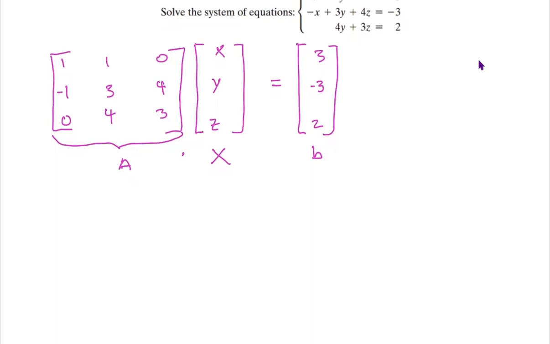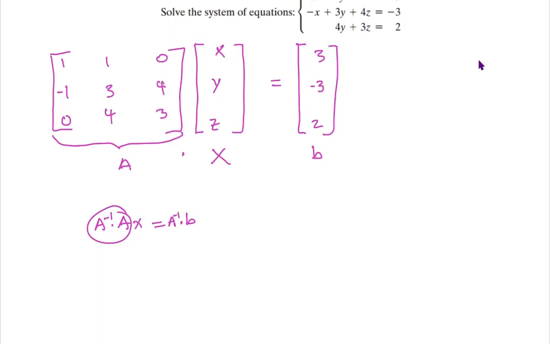So basically, your system is AX equals B, right? Now, if you multiply on the left side by A inverse, that will be I. Remember what I said, multiplying by I is not multiplying by 1.